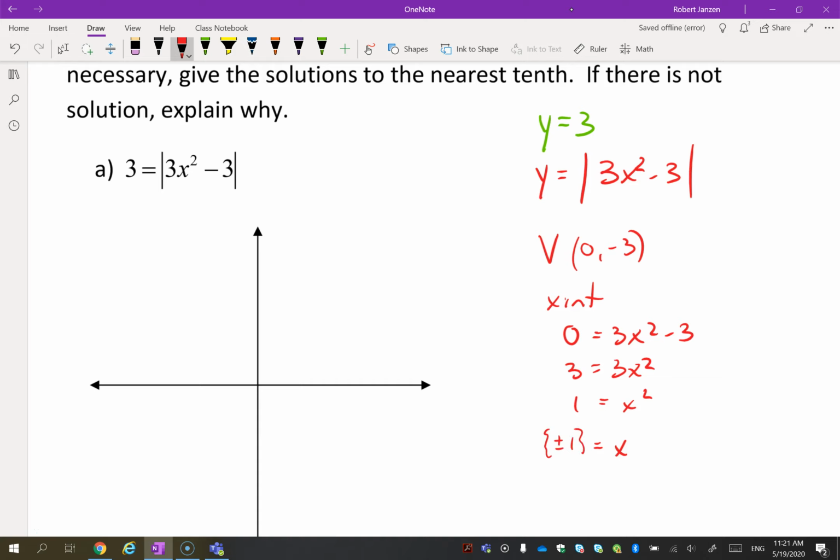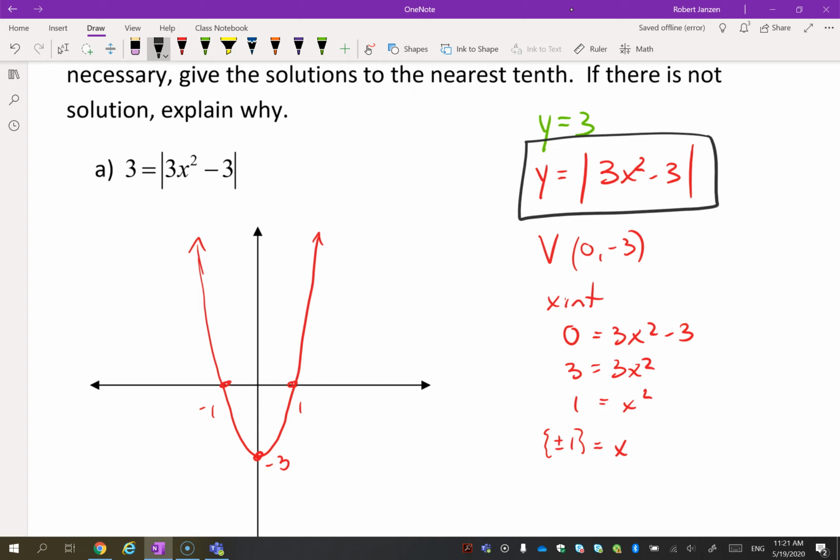So we go to 0, negative 3, go to negative 1, positive 1. Here is the original parabola, but I want the absolute value of that.